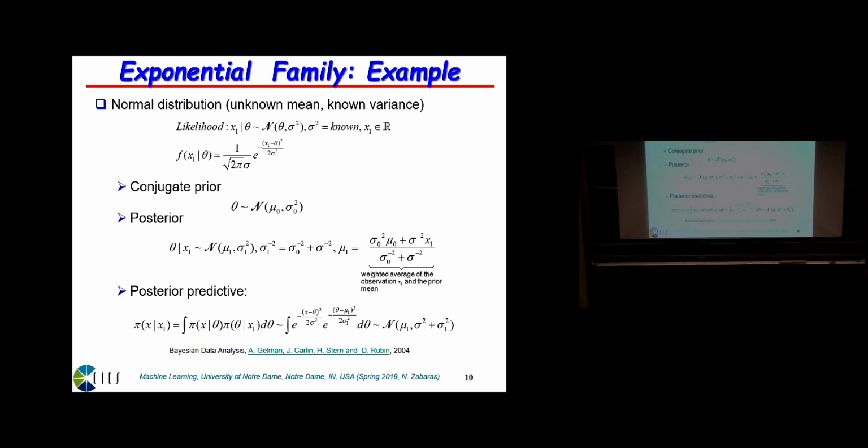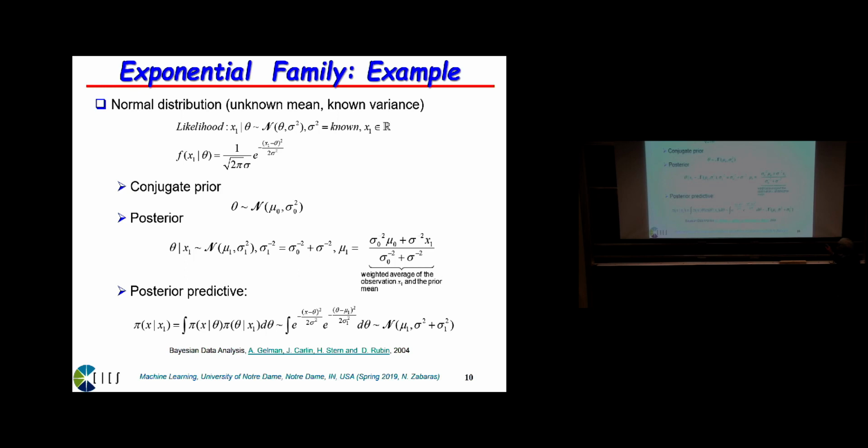Okay? The bottom line is here. This is conjugate to that. They are all in the exponential family. So the update gives you a posterior, and the only thing you have to do is update mu0 and sigma 0 squared to the values that you see here. Of course, you can push it a little bit further. The posterior predictive distribution is also in the exponential family, it's a Gaussian.